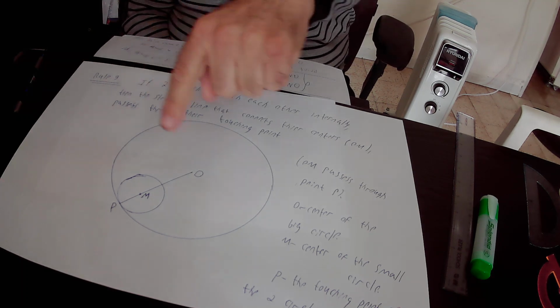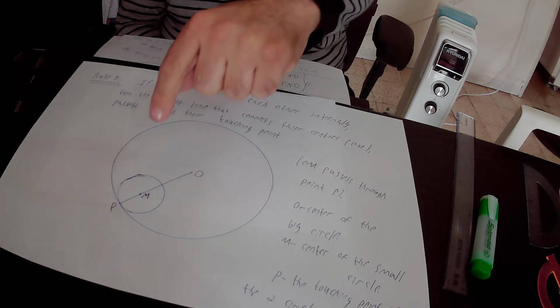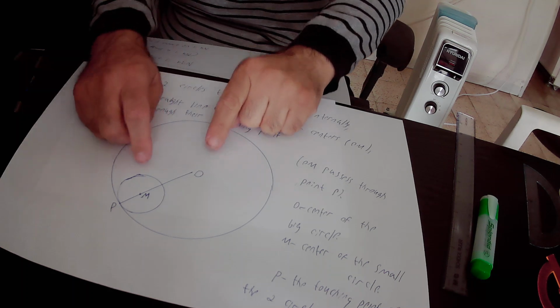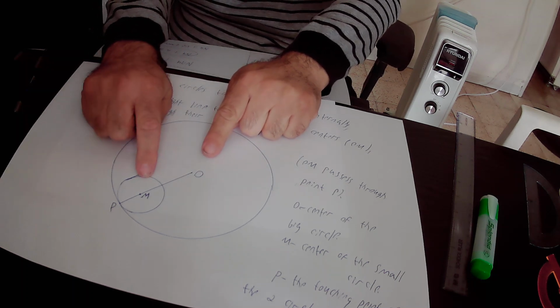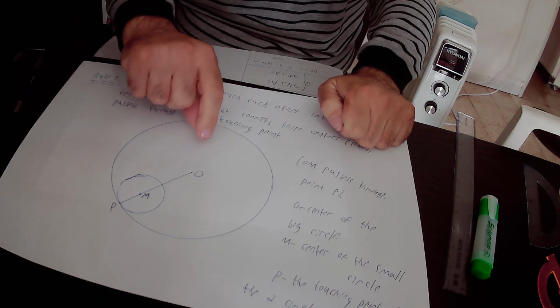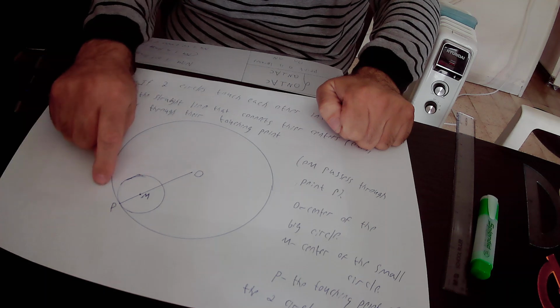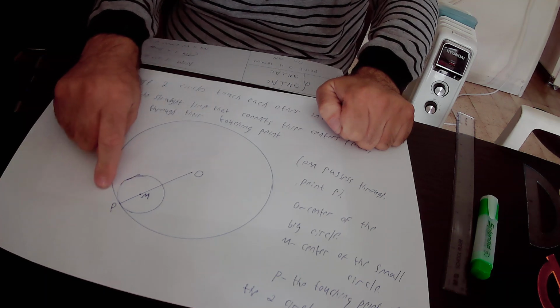The center of the big circle is here at point O, the center of the small circle is here at point M. The straight line that connects the two centers together is OM. According to this rule, the straight line OM must pass through point P. That is to say, OMP is one straight line.